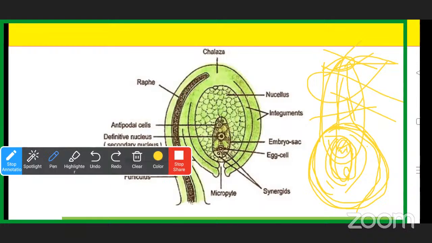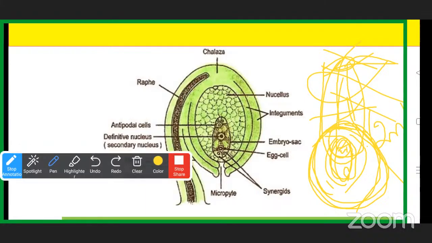That comes from syngamy, the fusion of male and female gametes. That's why the seeds are diploid: one N from the male, one N from the female, N plus N makes 2N.